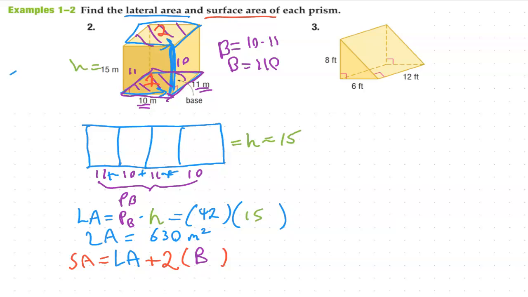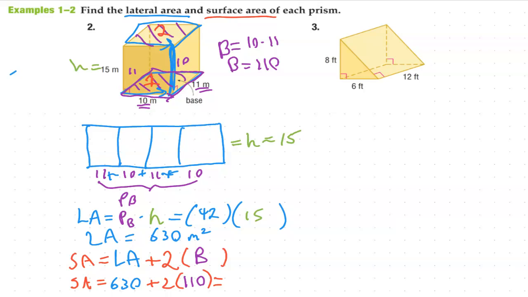So then I could just sub in and find the surface area. So that's 630 plus 200, or 2 times 110, which is 220.